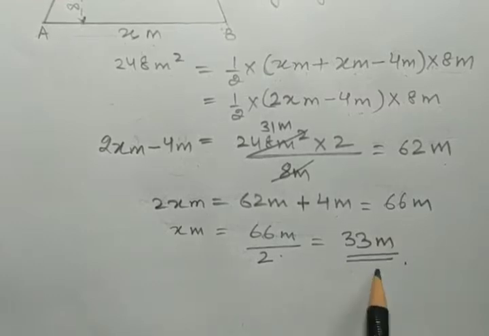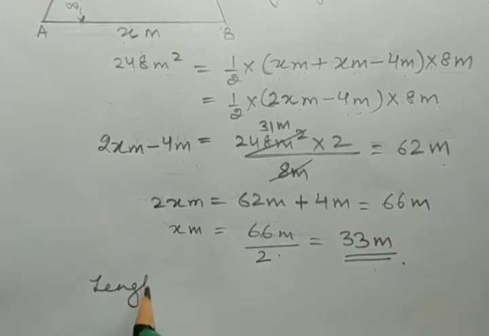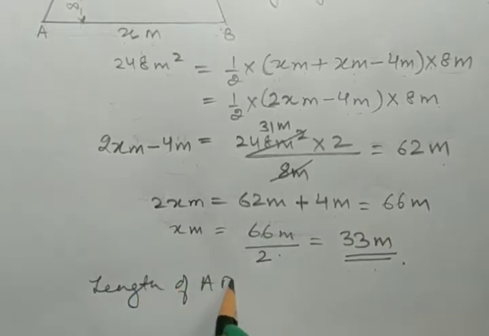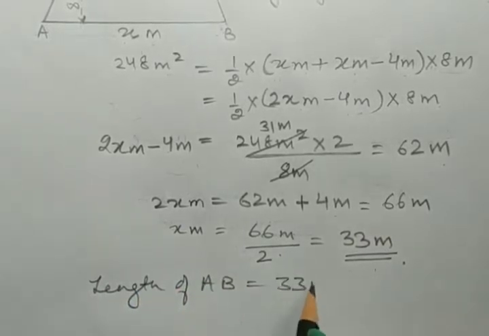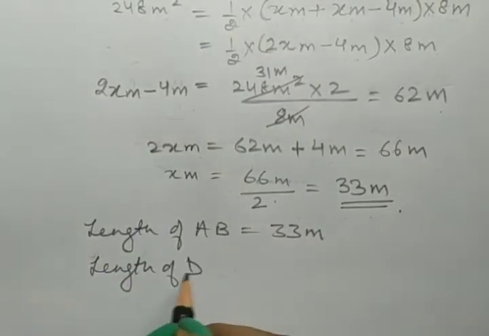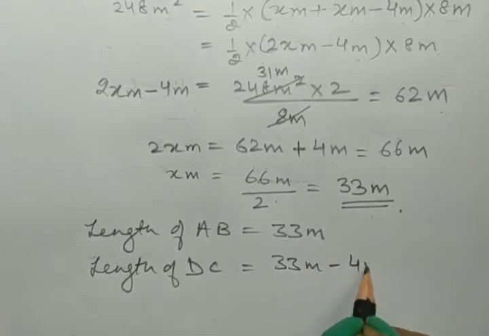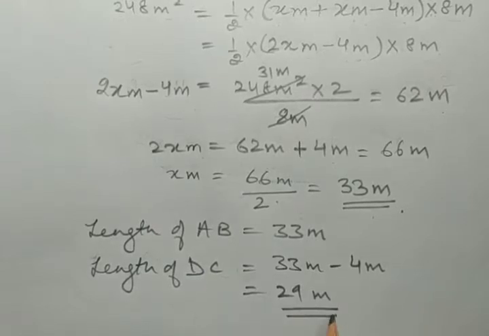So this is the length of the longer side. Length of AB is equal to 33 meters and the length of DC is equal to 33 meters minus 4 meters, that is equal to 29 meters.